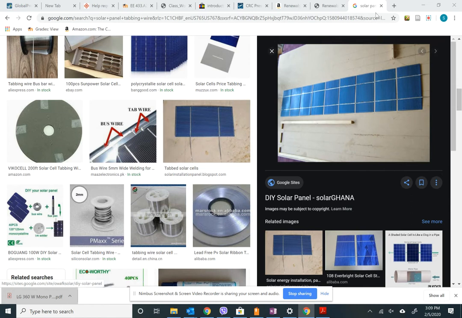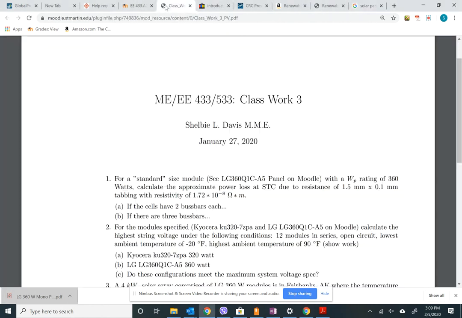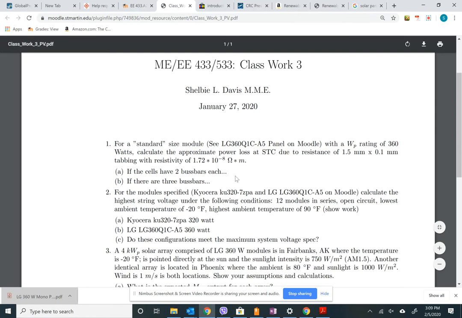So the question is, calculate the approximate power loss. So you have some power loss due to the resistance of those tabbing wires. At STC, what is it?